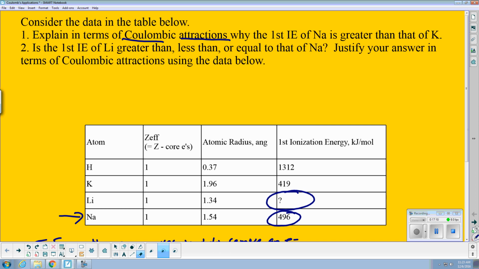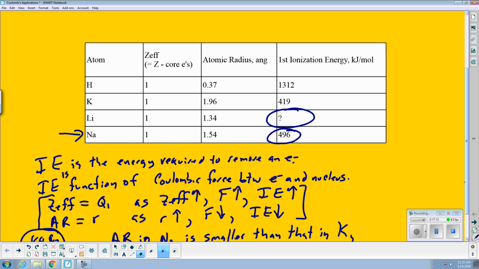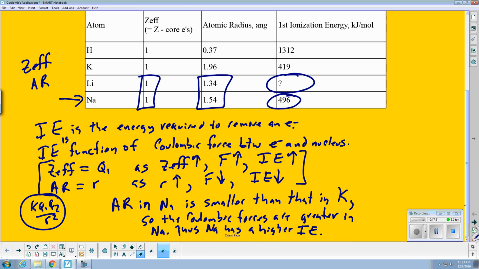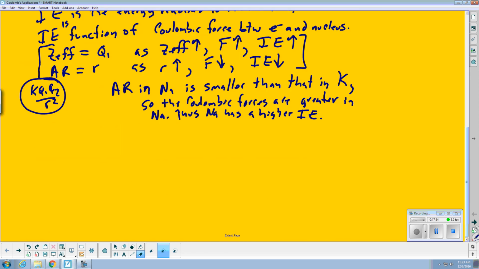All right, great. So what am I going to do? Once again, I'm going to look for my Z effective, and I'm going to look for atomic radius, because this is an intra-atomic question, right? My Z effectives are the same, so my only thing to work with are my atomic radii. Good. So here we go. Let's write the answer. I need more space. All right. So since both have same Z effective, the atomic radius is determinant.